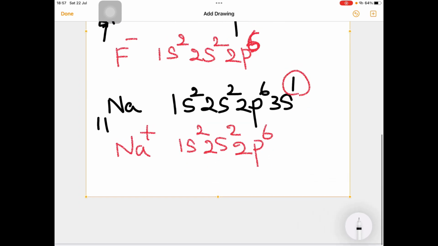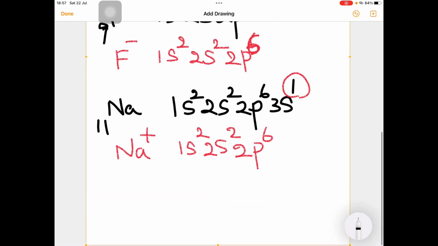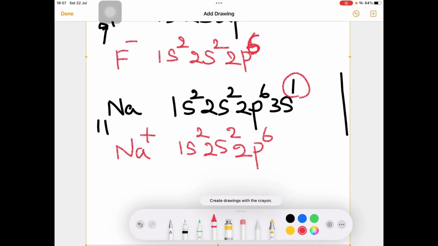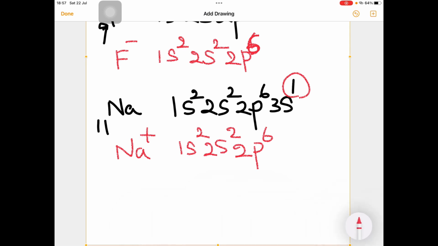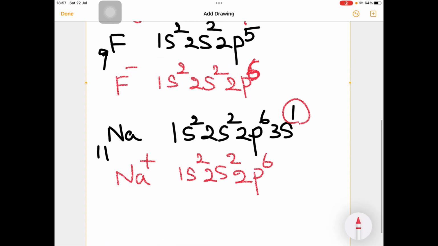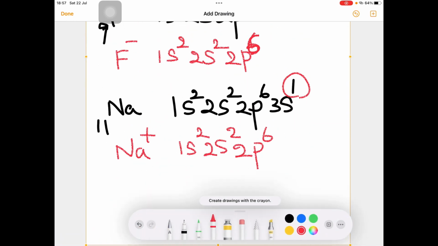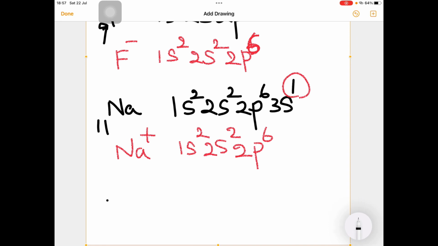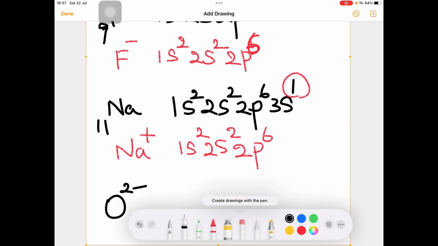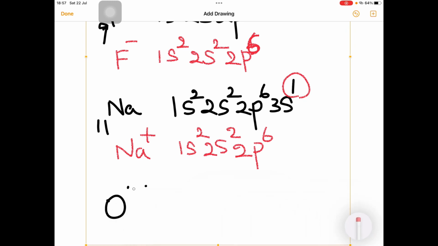Lastly, the last ion given in the list, that's O2-. So let's consider O2-. Before we consider O2-, we can consider the neutral oxygen atom.